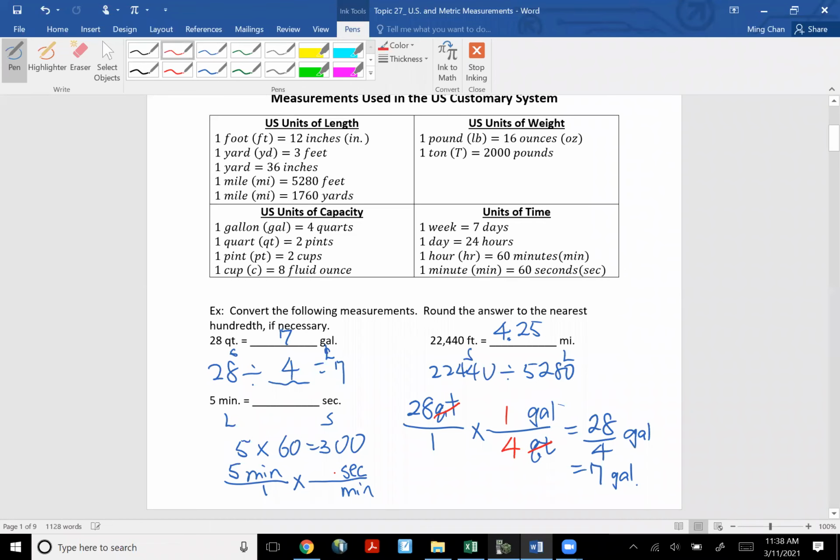So that's writing our ratio. Our ratio says 1 minute for 60 seconds. Minute cancels out. So now the denominator is only 1 times 1, which is 1. So the only operation I'm doing is the numerator. 5 times 60 is 300. And the only unit I've got is seconds.